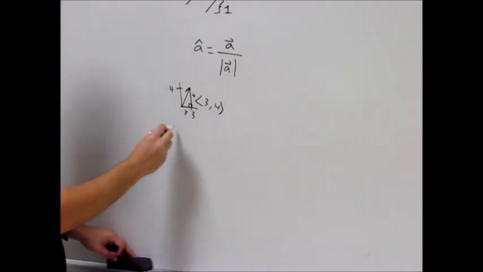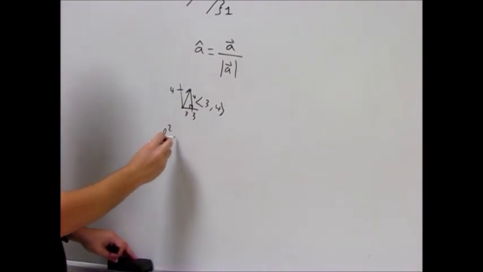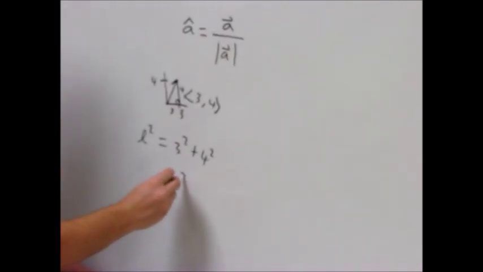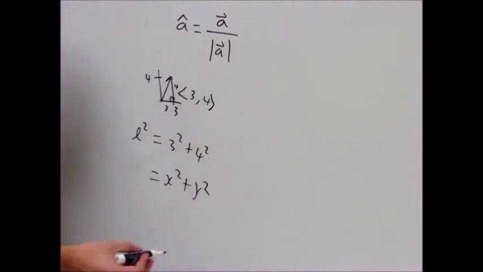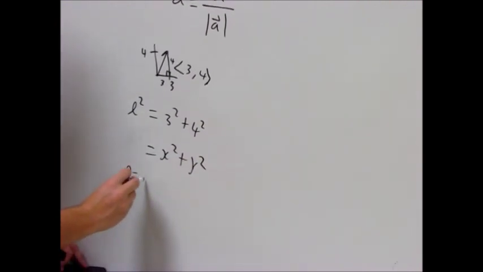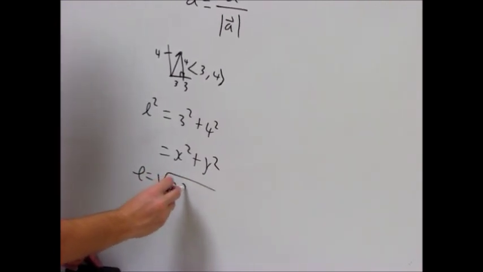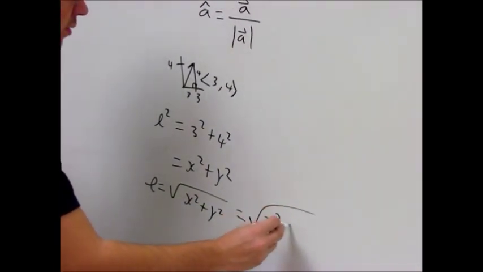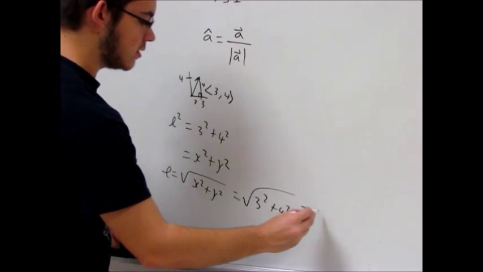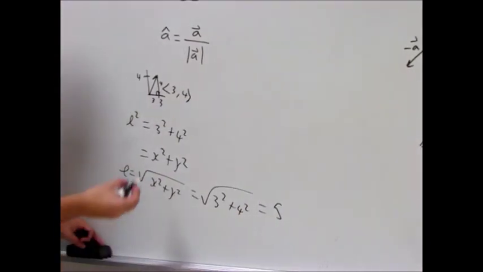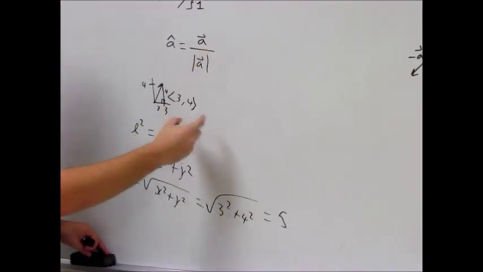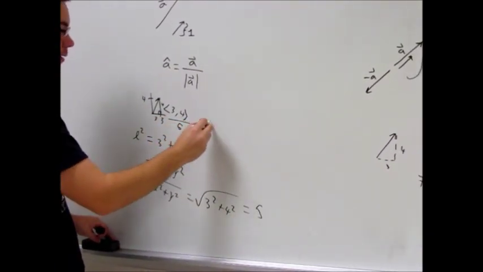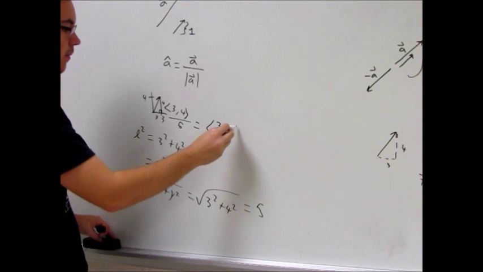The length squared equals 3 squared plus 4 squared, or in general, x squared plus y squared. And so the length is the square root of that, or in this case, the square root of 3 squared plus 4 squared, which is 5. So if we want to find the unit vector, you just divide by its length, 5, and you get 3/5, 4/5.